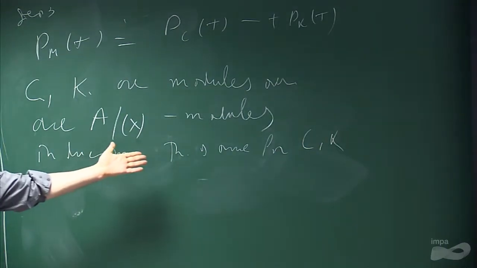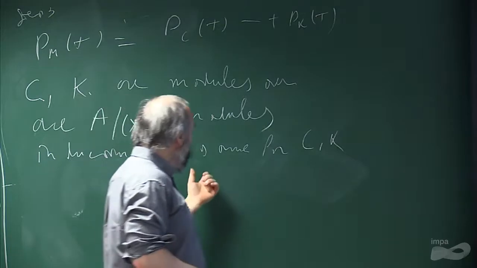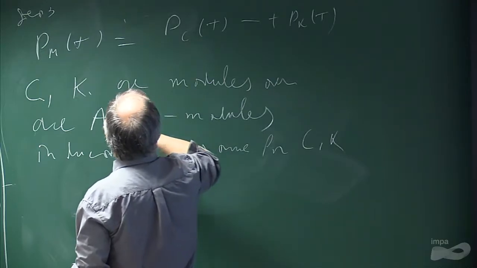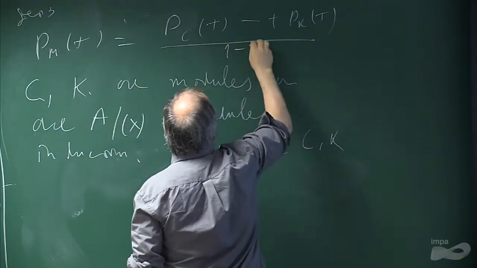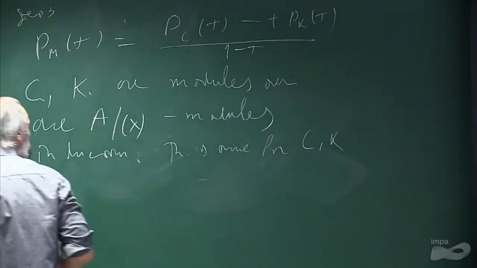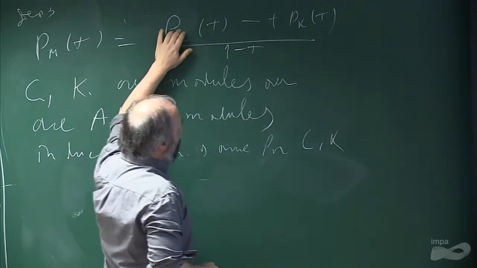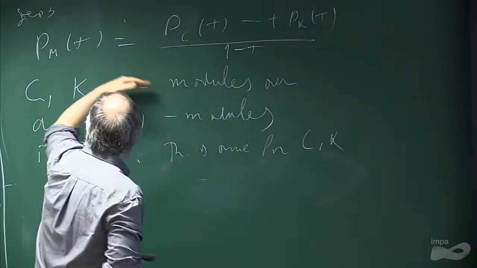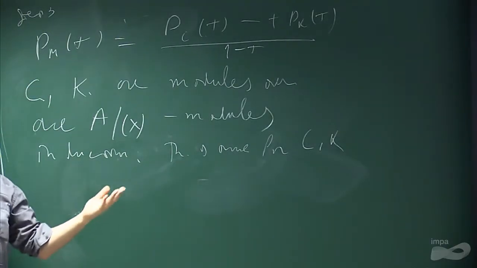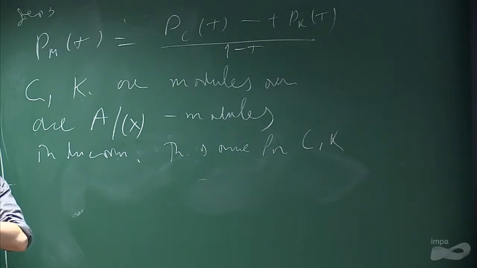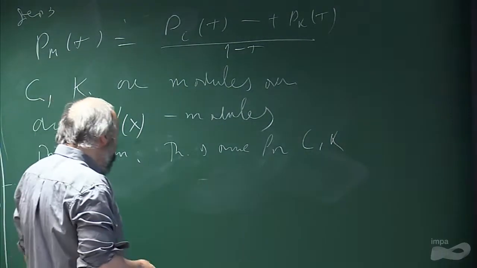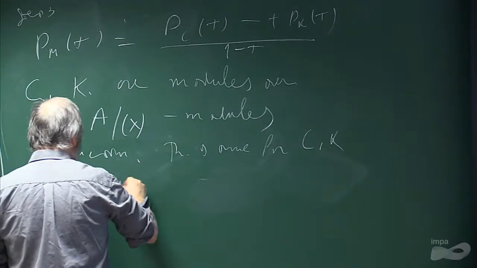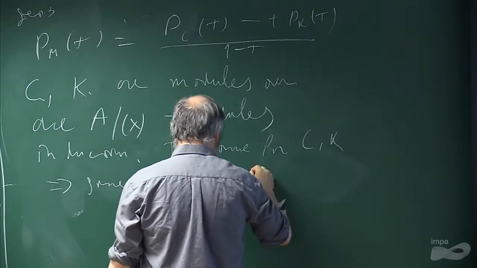So we start induction with 0, and we want to obtain the same result for M. This is a polynomial divided by 1 minus t to some power, and this is a polynomial divided by 1 minus t to some power. Then this fraction is again a polynomial divided by 1 minus t to a bigger power. This finishes the proof. The same is true for M.